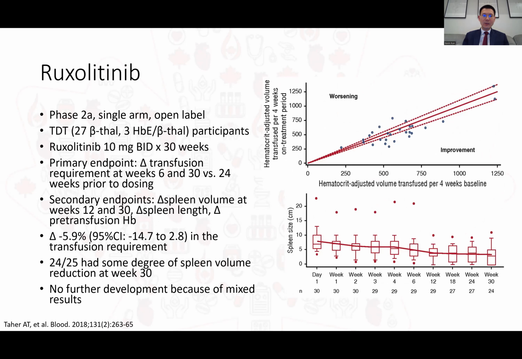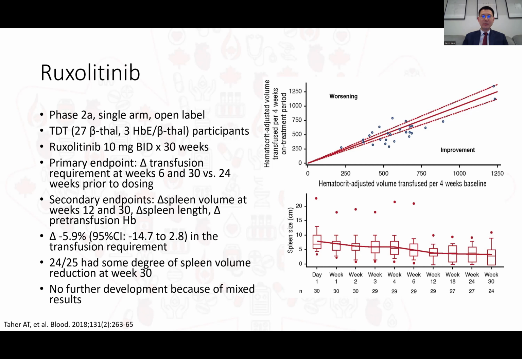Next is Ruxolitinib. In the phase 2a single-arm open-label study of transfusion-dependent thalassemic participants, patients were placed on Ruxolitinib 10 milligrams twice a day for 30 weeks. For the primary endpoint, we're looking at differences in transfusion requirements at weeks 6 and 30 versus the 24 weeks prior to drug dosing.